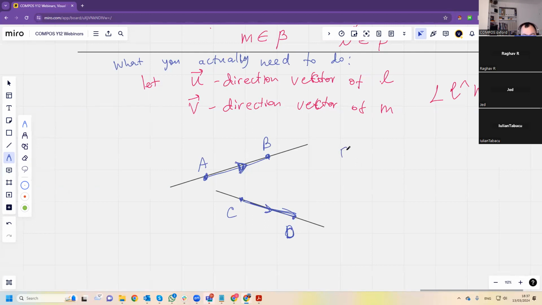So find AB, find CD, and then find the angle between AB and CD. Does that make sense?